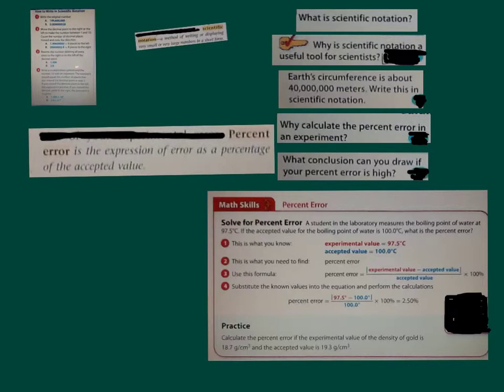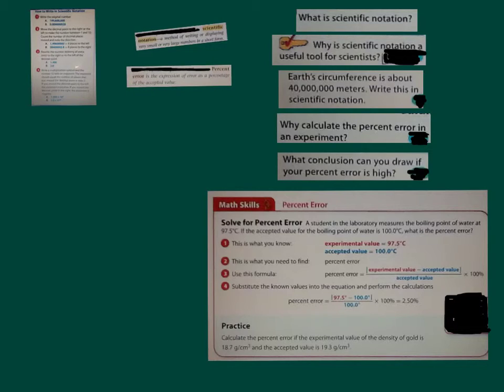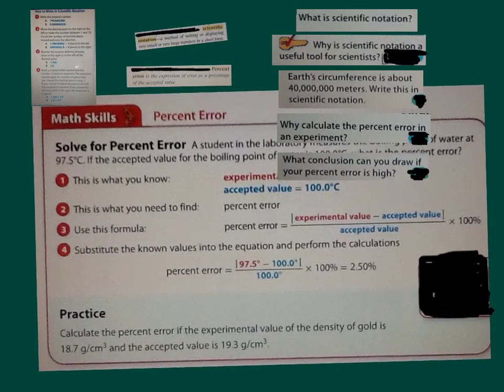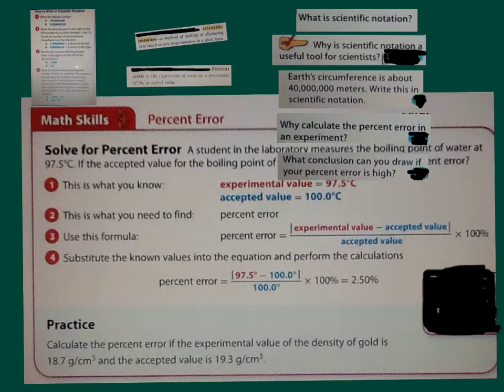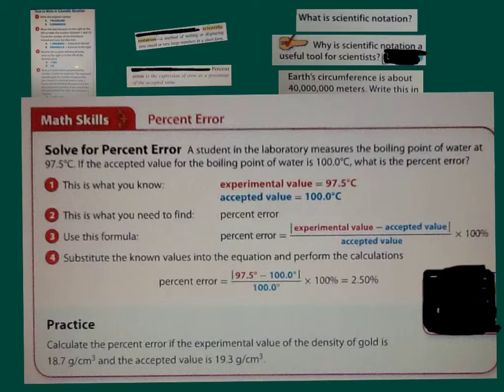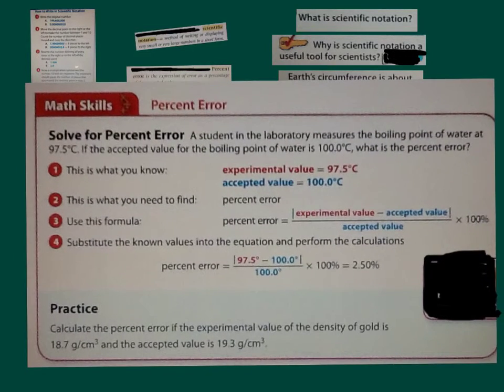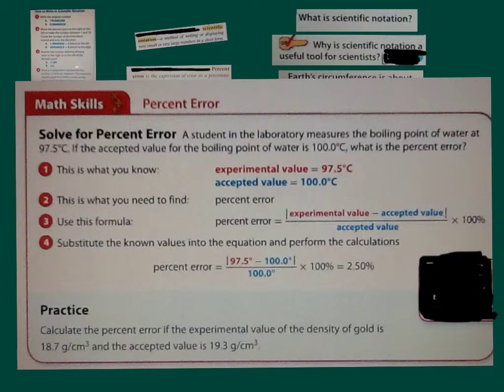Now we're going to close this down and bring up the chart that's right here, because it's quite important that we learn how to do this. I just told you that you needed to calculate percent error with everything you do, so we're using this as an example. Solve for percent error, as it says right here.